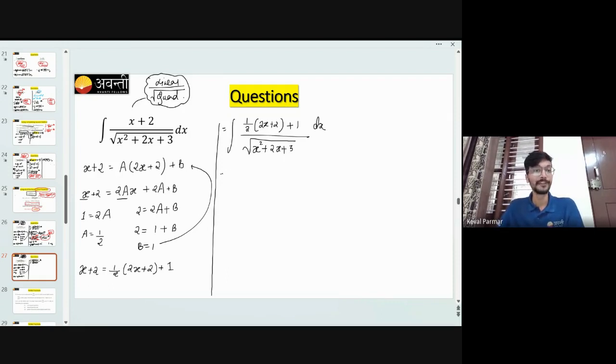Correct? So now if I split the integral as we did in the last question, I am skipping one step, please don't mind. I'll get 1 upon 2 integration of 2x plus 2 upon under root of x square plus 2x plus 3 dx, correct? Plus integration of 1 upon under root of x square plus 2x plus 3 dx.